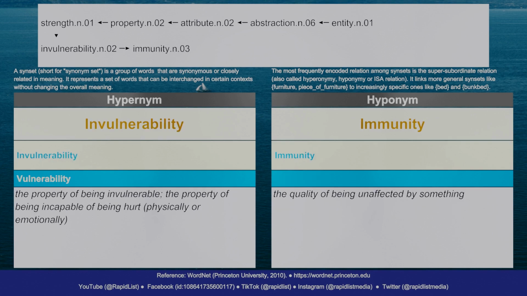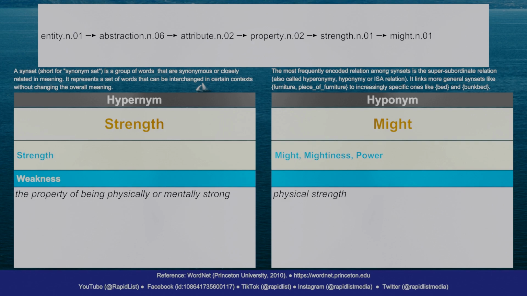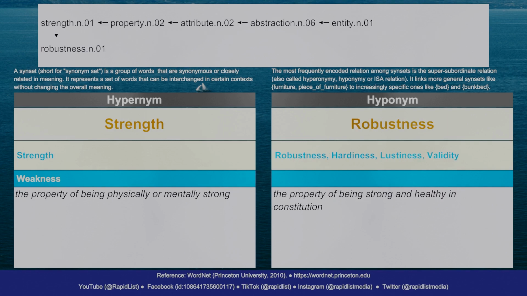Immunity. The quality of being unaffected by something. Immunity to criticism. Might. Physical strength. Robustness.